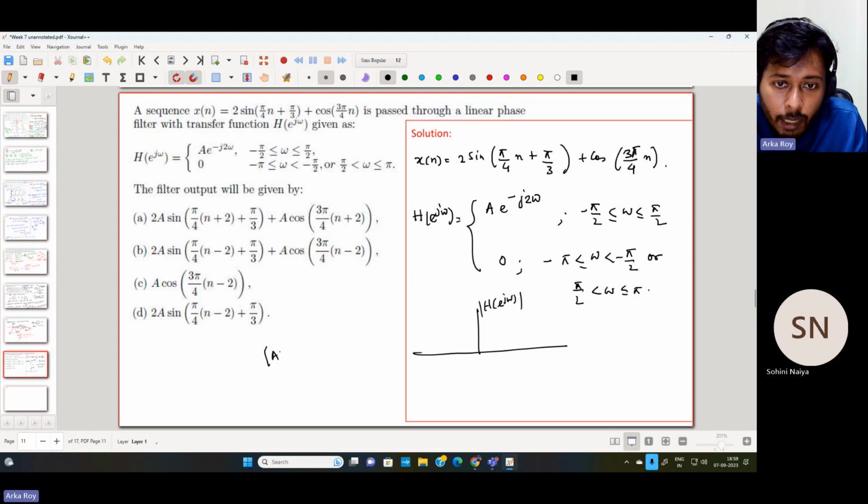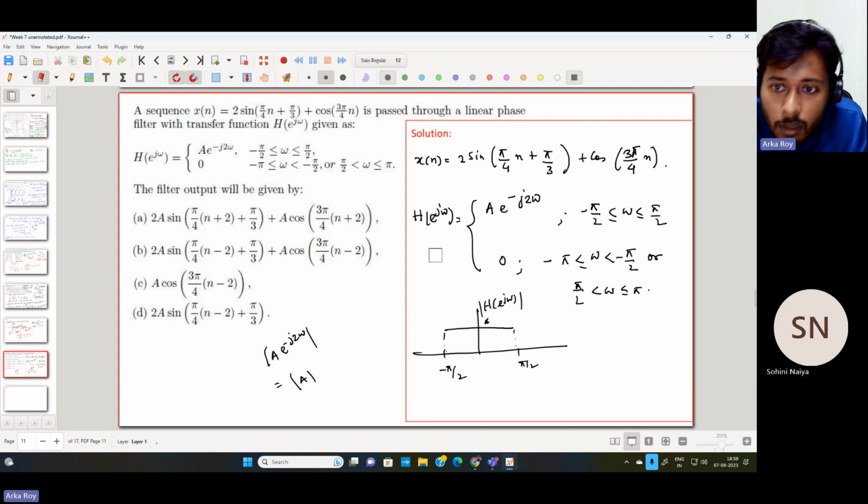So I will take the magnitude of e to the power minus j2 omega. If I take the magnitude, I will get 1 only. And because A is multiplied over here, I will get A. For the whole region of minus pi by 2 to pi by 2, I will get magnitude of A.